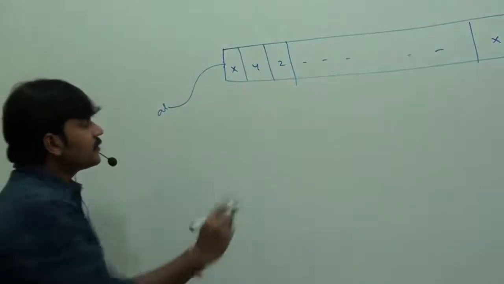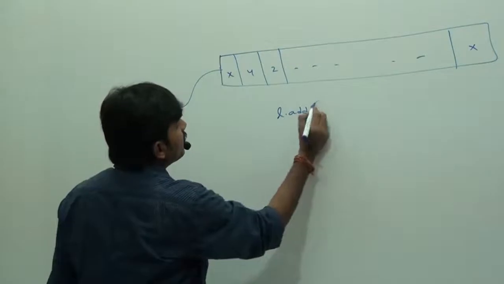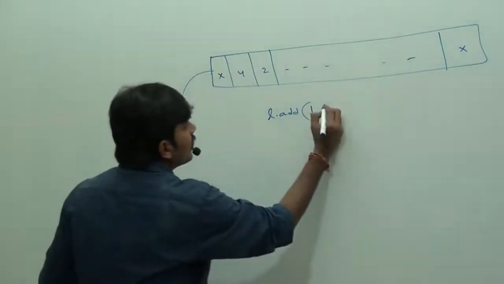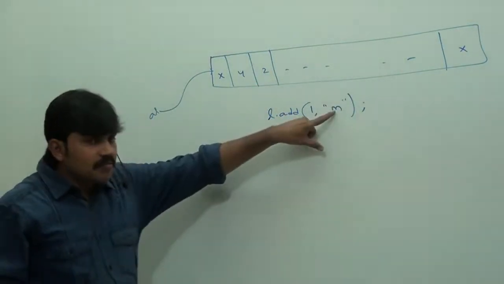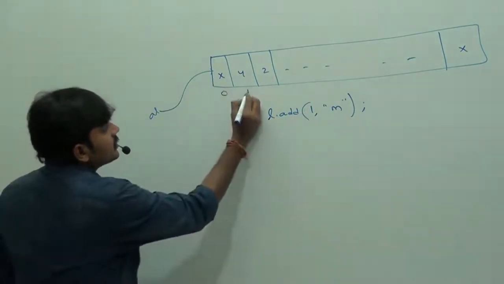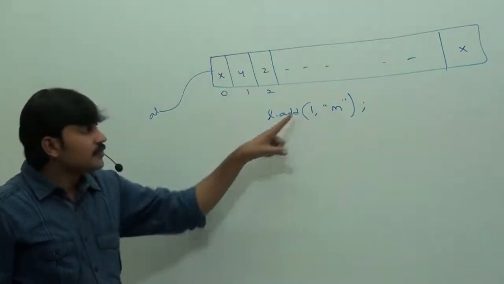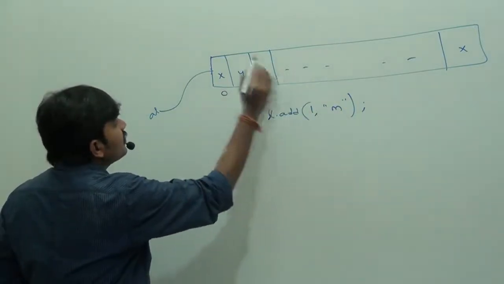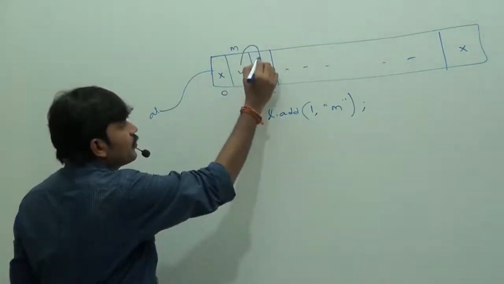Now my target is to add an element m at index 1. But at index 1, y is already there. It is not a replacement, it is an add. That's why to place m here, y must be shifted to the next place.